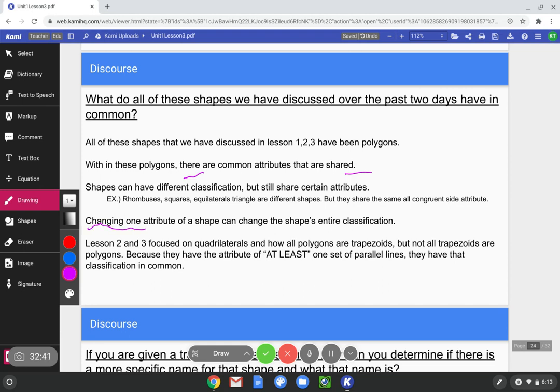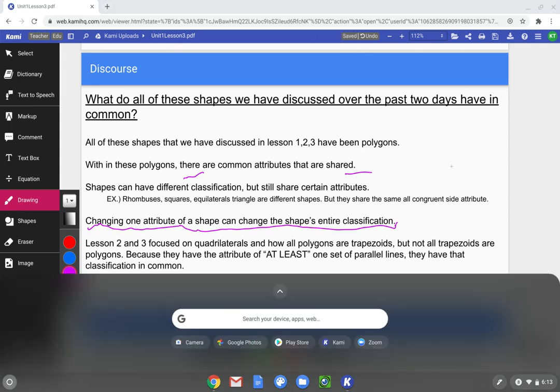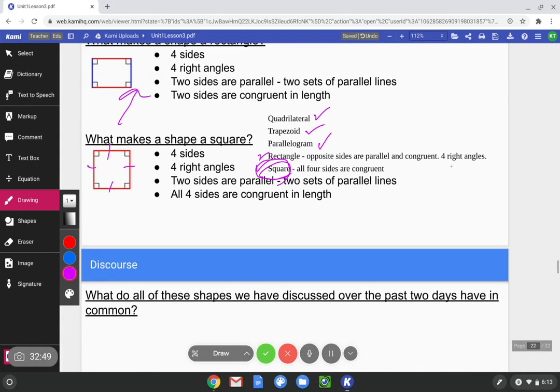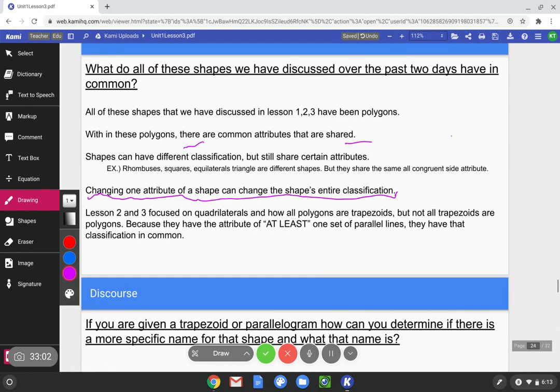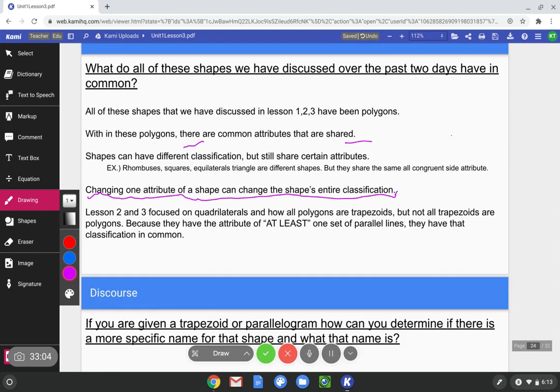Changing one attribute can change the shape's entire classification. Remember how we said with the rectangle? Look, all we did was change opposite sides are congruent in length to all 4 sides are congruent in length, and you have a completely different shape. So yes, details matter.